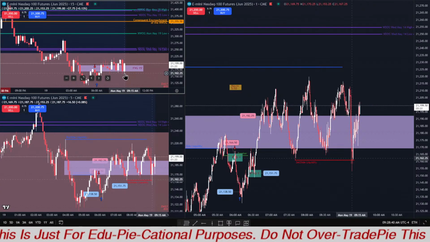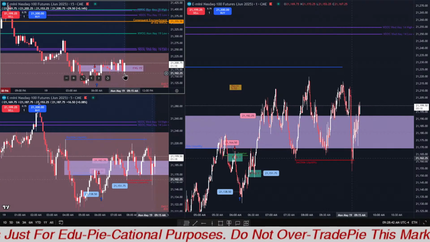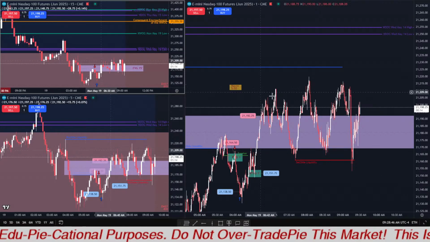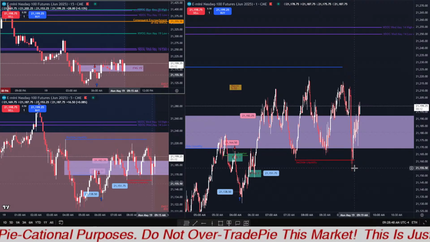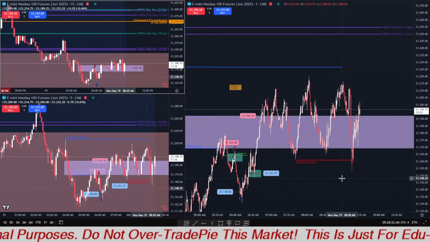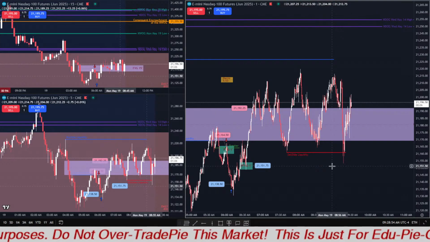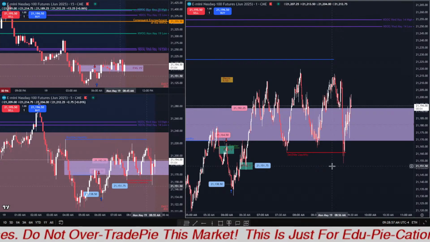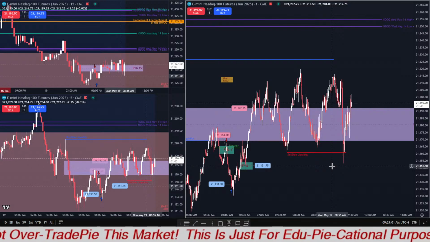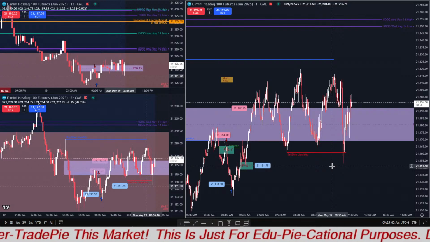Also you can see still the bodies of the candles are respecting this inefficiency in the 15-minute chart. Okay, now we have around 1 minute and 10 seconds to the opening bell, and let's just wait for the market to open and see what's going on in the market for today's trading session.